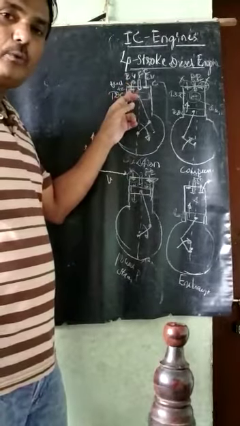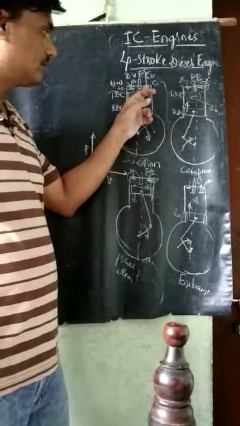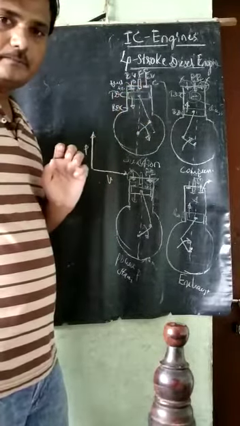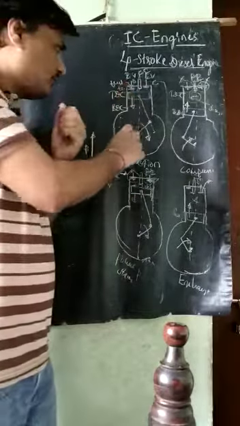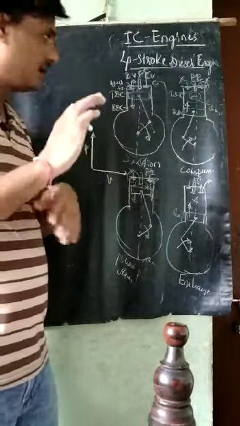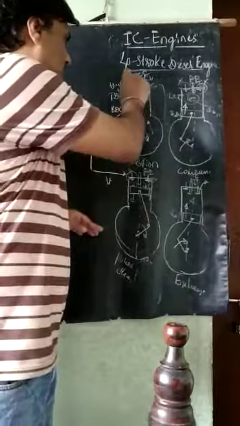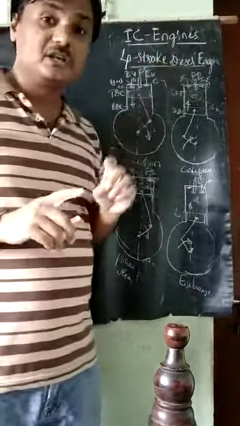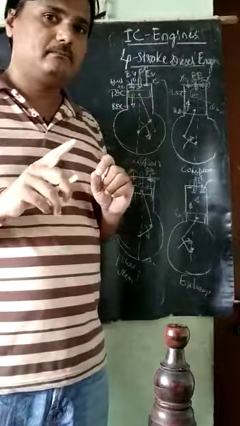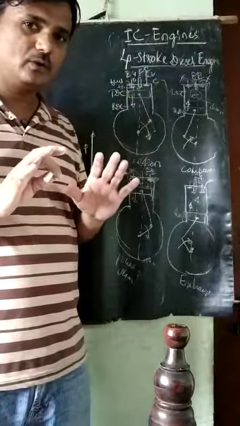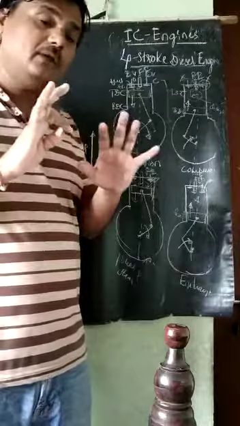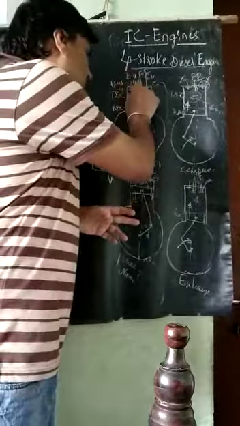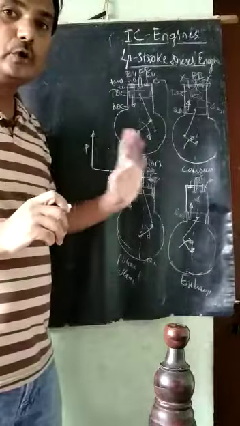The inlet valve is open, the outlet valve, that is the exhaust valve, is closed. Then the piston starts moving downward by the stored energy, so what happens? In the case of the diesel engine, only air, please take this note, only air comes inside through the inlet valve, no fuel.